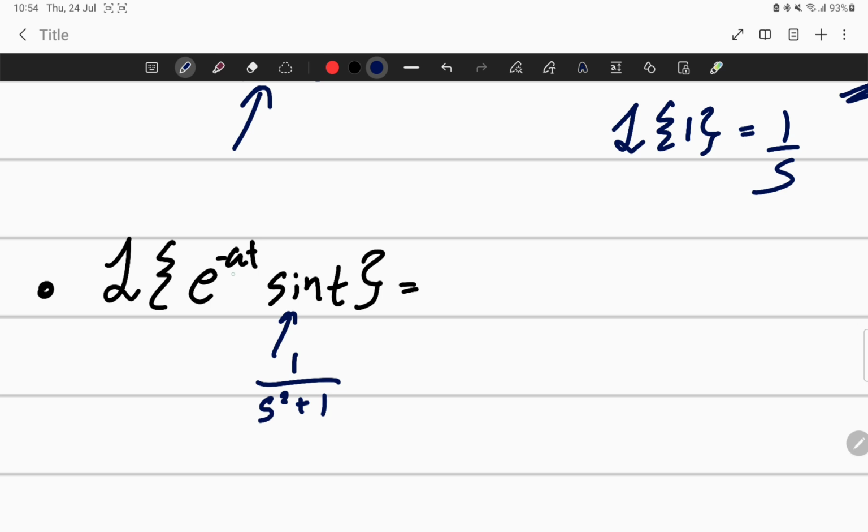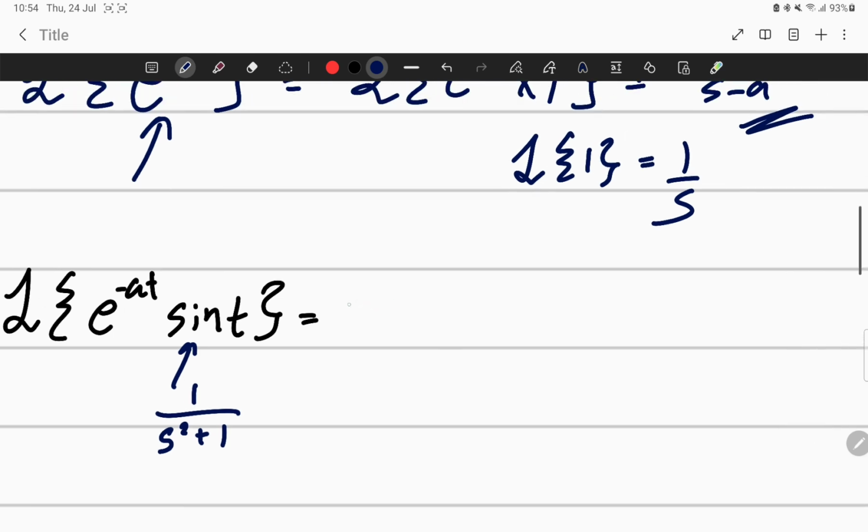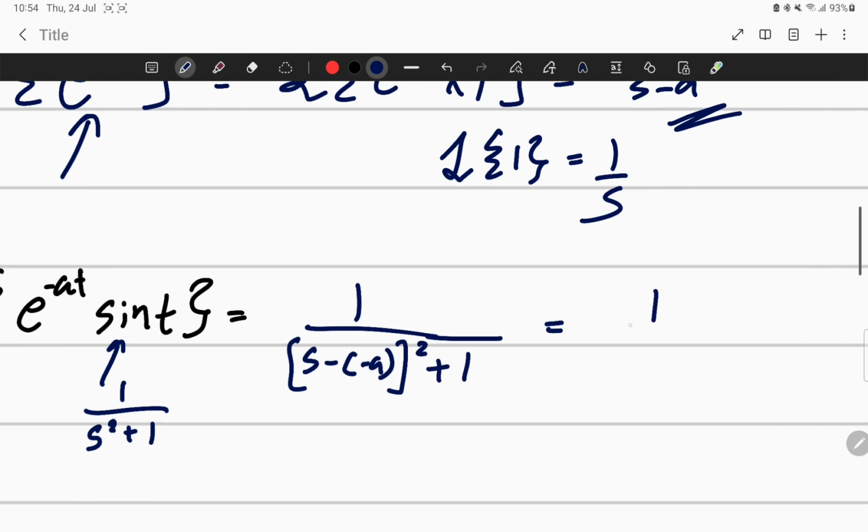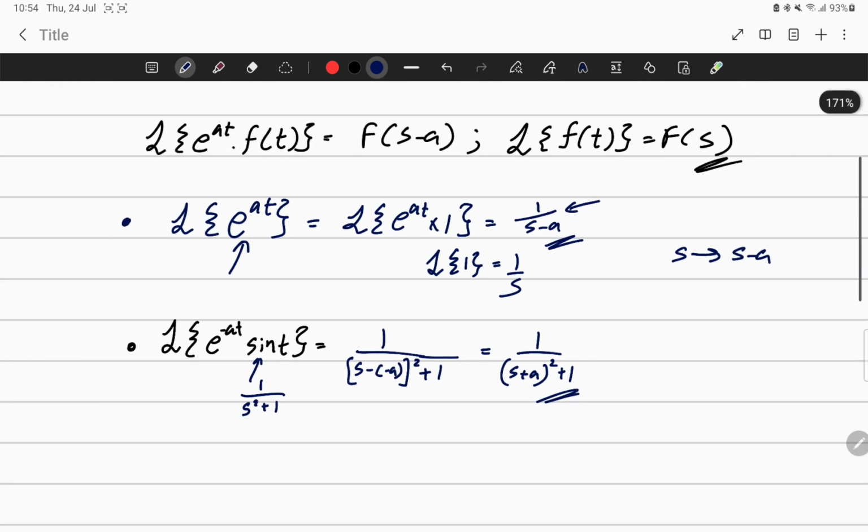So I have to shift this by minus a. So the Laplace transformation of this is 1 over s minus a square plus 1, it is 1 over s plus a square plus 1. This is the answer for that term.